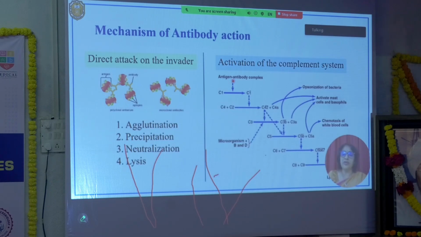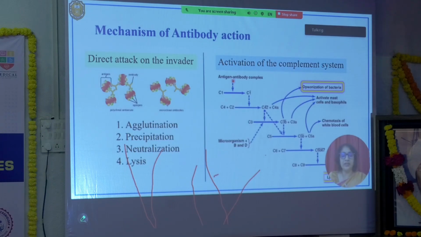Some of the important effects of this cascade reaction are: one is opsonization and phagocytosis. C3b strongly activates phagocytes, neutrophils and macrophages, and these cells engulf bacteria to which the antigen-antibody complexes are attached.